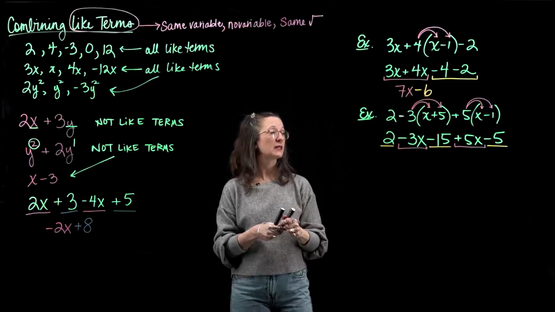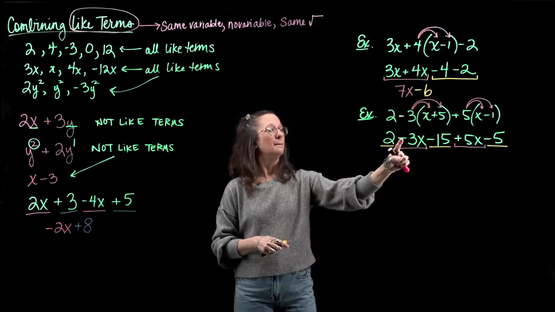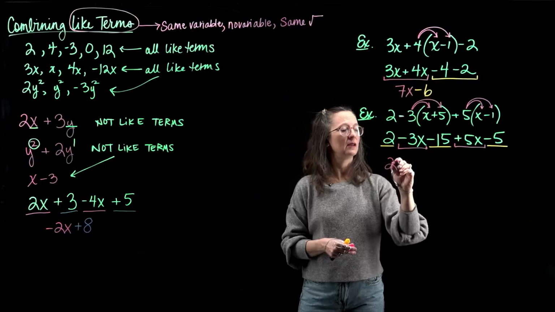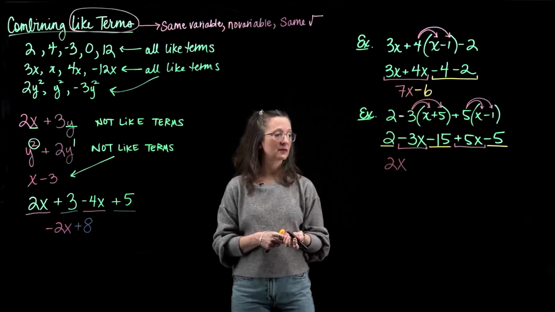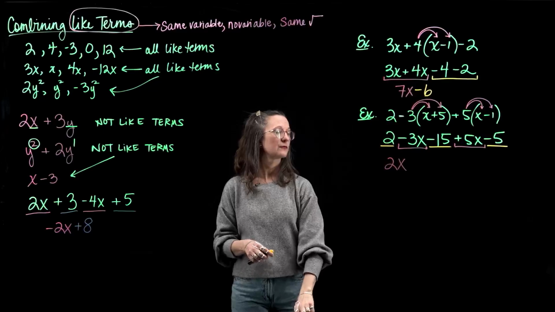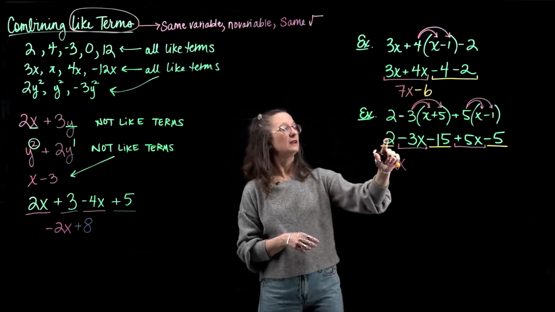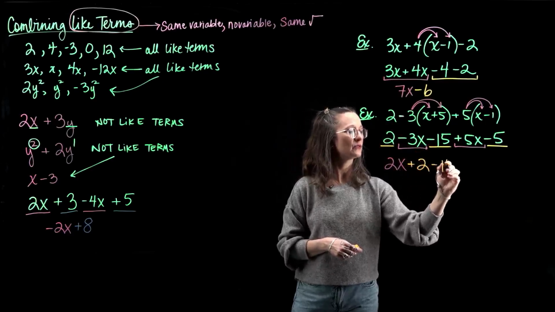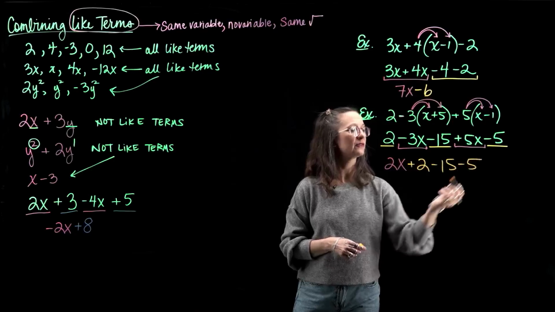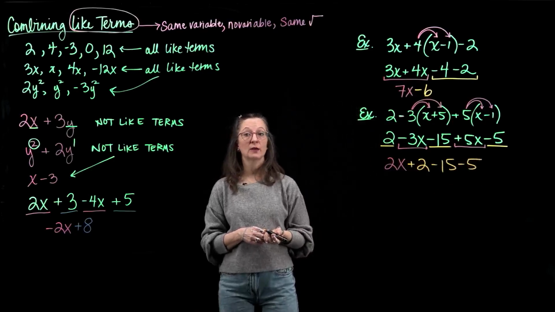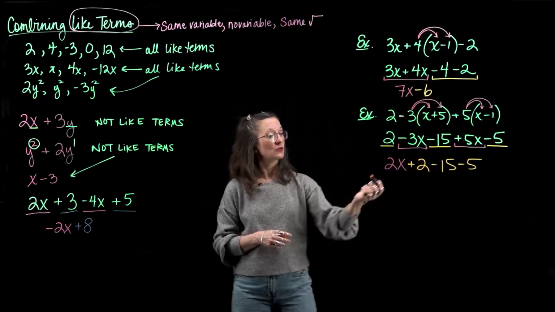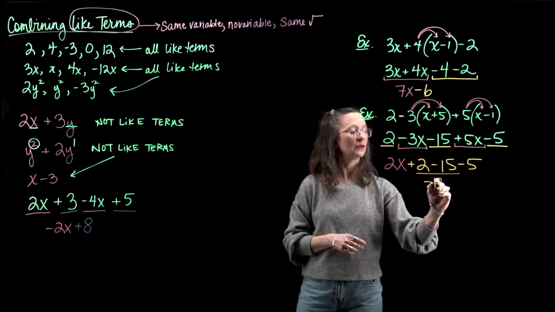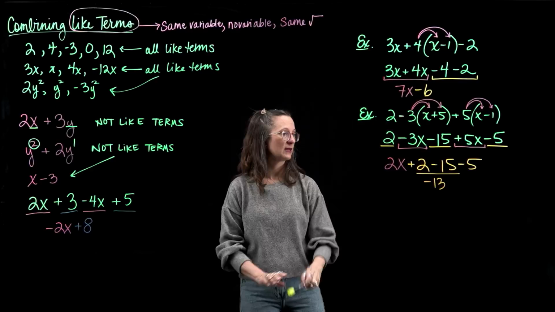So let's deal with the x's first. Minus 3x plus 5x is a positive 2x. And then I'm going to write the rest down. I have plus 2 minus 15 minus 5 so that I can make sure I get my order of operations right. So 2 minus 15 would be negative 13. I'm going to write the rest of the problem down.